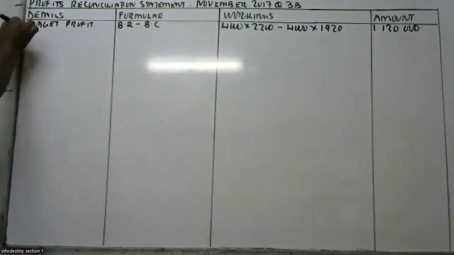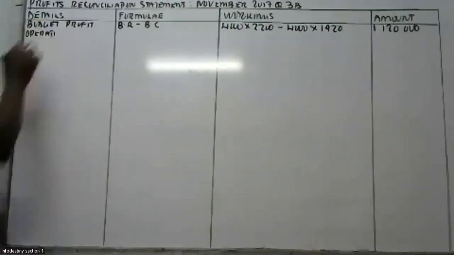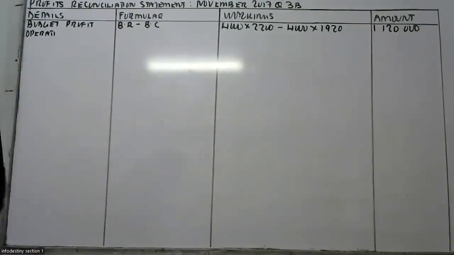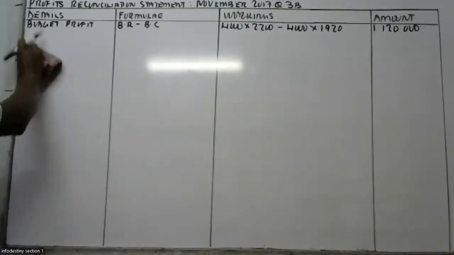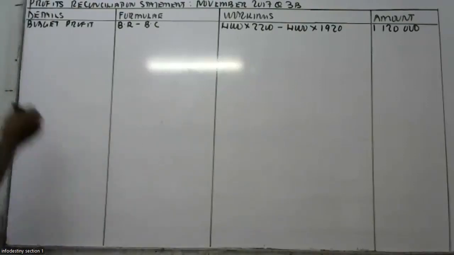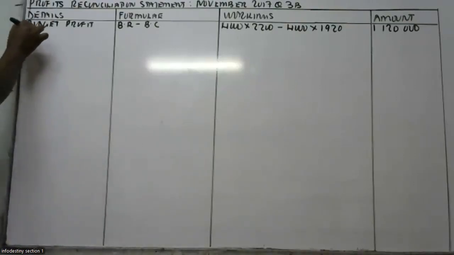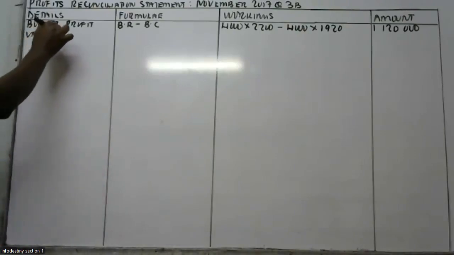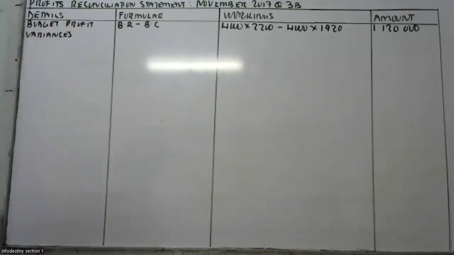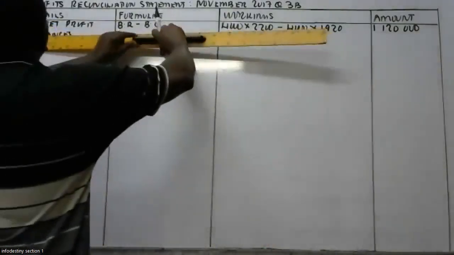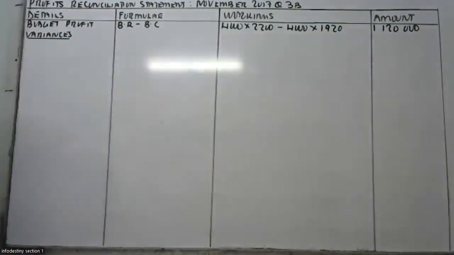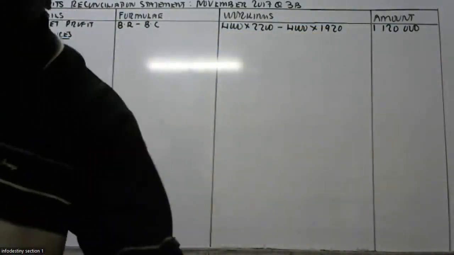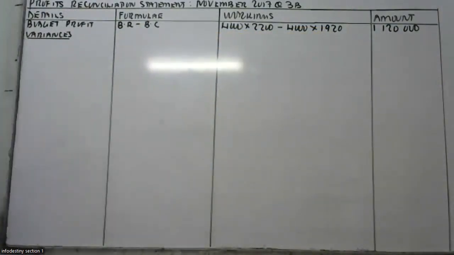So, operating variances, or let's just call them variances. I've avoided the word operating because now we are reconciling. And you remember for the price I told you it's slightly different.